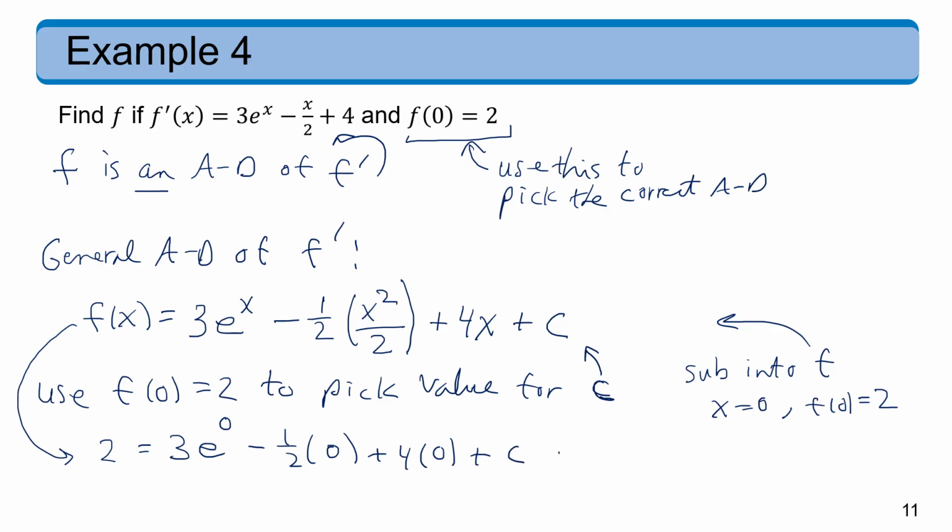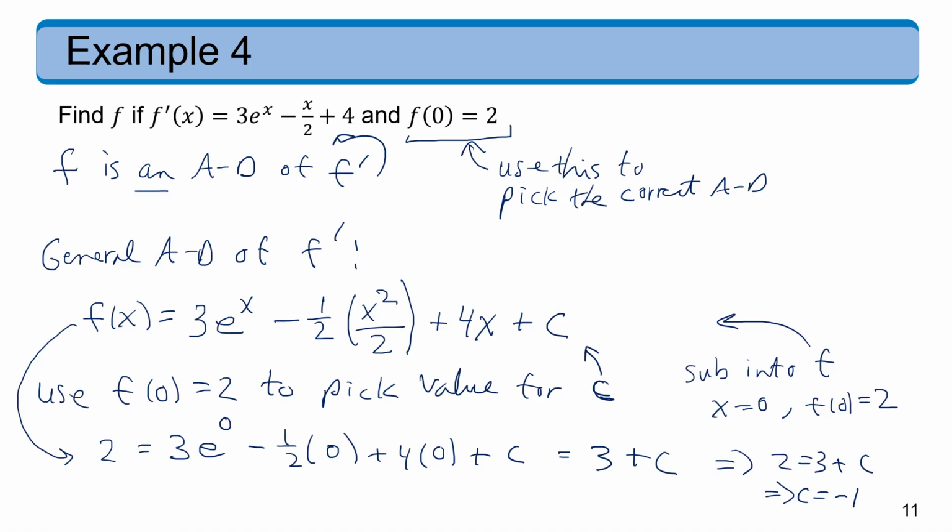Now simplify this. e to the 0 is 1, right? Any number to the 0 is always 1. So that's 3 times 1. The next two terms are both 0, so we can just drop those out, and then plus c. So notice we have 2 equals 3 plus c. Solving that for c, we get -1.